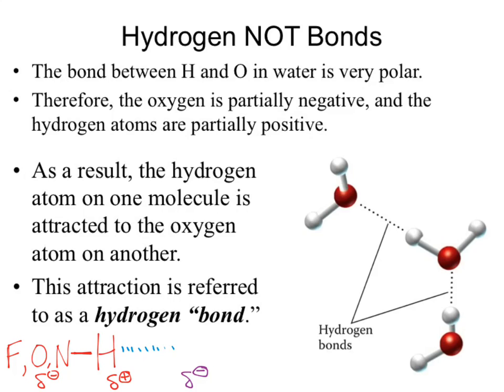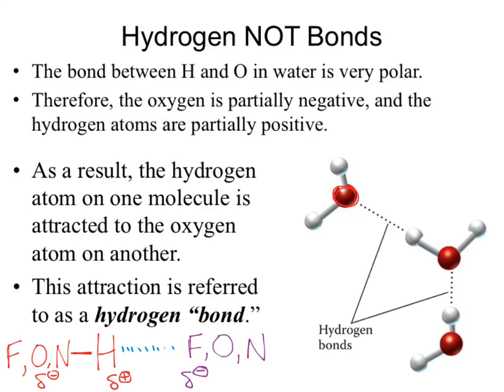What does our partial negative need to be? Equally funny. Okay, I thought it was more funny that time. Also has to be fluorine, oxygen, or nitrogen. So when we look at our classic hydrogen bonding compound, water is it. What does the red dot mean in our structures or drawings?